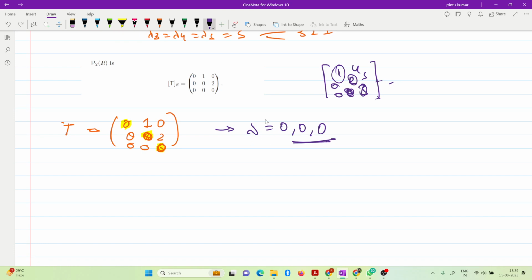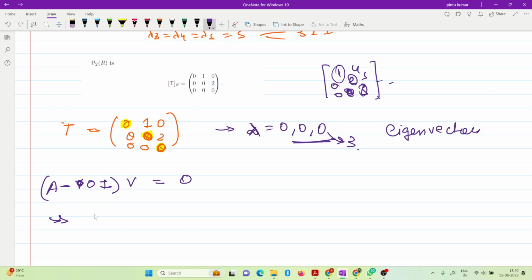Now I need to find the eigenvectors. What is the multiplicity of my eigenvalue? It is 3. The eigenvector should satisfy (A minus 0 times identity) times V equals 0.